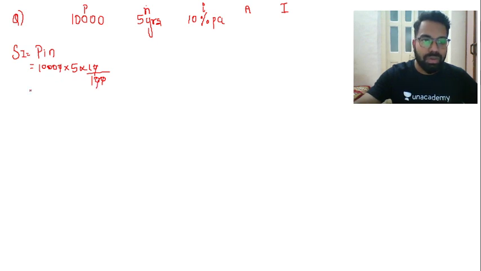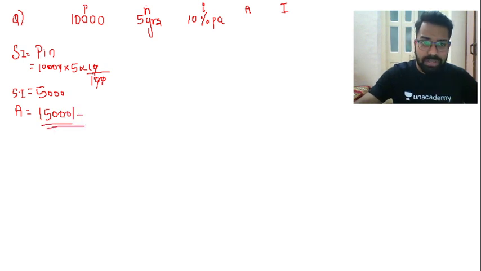All cancels out, and it's nothing but 5,000 rupees at an interest rate of 10% per annum for 5 years. This is the simple interest, and the total amount is equal to 15,000 rupees. So this is how simple interest is calculated.